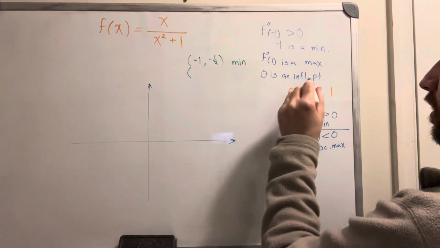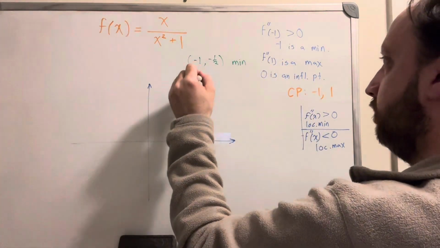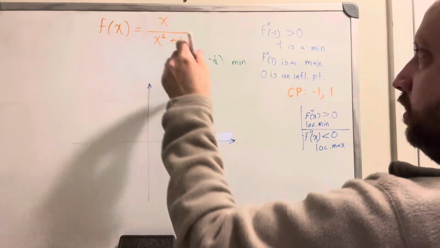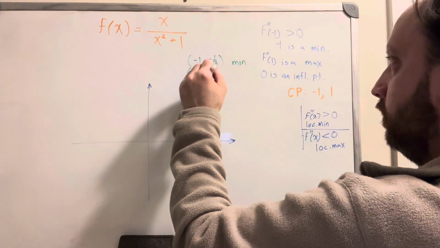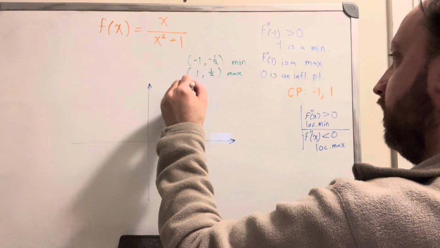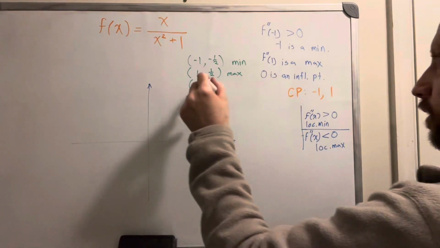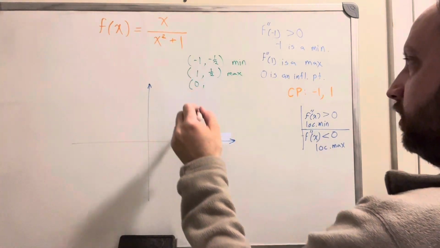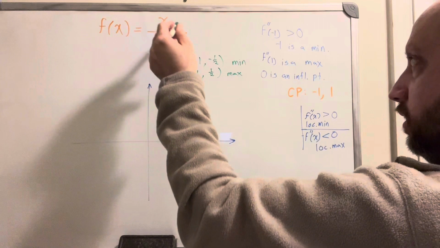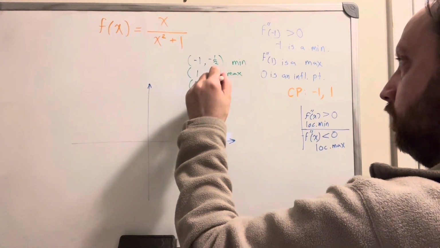And 1 is a maximum. Well, what's the value at 1? 1 over 1 squared plus 1 is 1/2. And at 0, the function's value is 0 over 0 plus 1. 0 over 1 is 0.